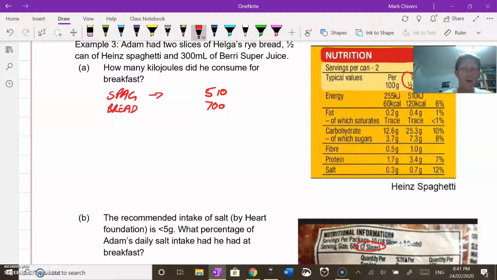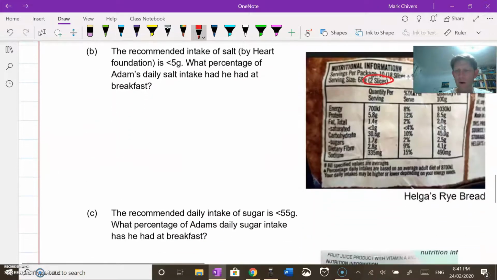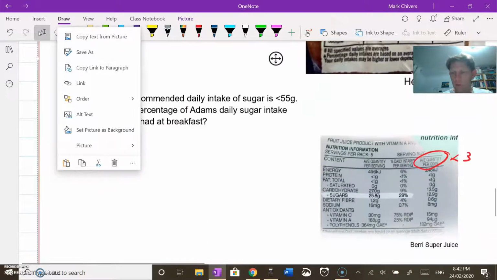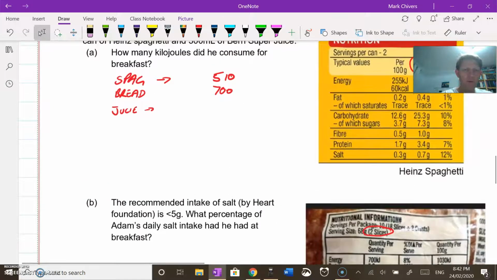Okay, and finally we've got the juice. So the juice, I have to take what we have for 100 mils, which is 248, and I have to multiply that by 3 because that's per 100 grams. So 248 by 3. Sorry, that's a bit blurry there.